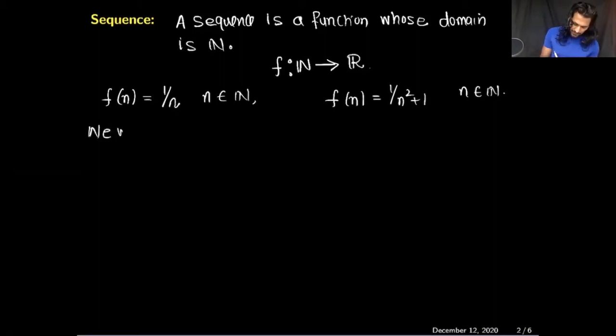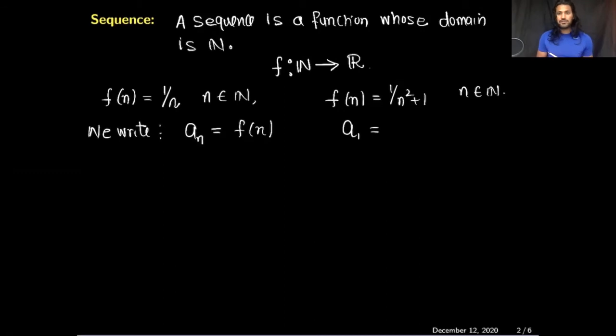The notation for a sequence, we write a subscript n is equal to f of n. So in short, we define the sequence as a_n. For example, what will be my a1? a1 will be the value of the function f at the point n equal to 1.